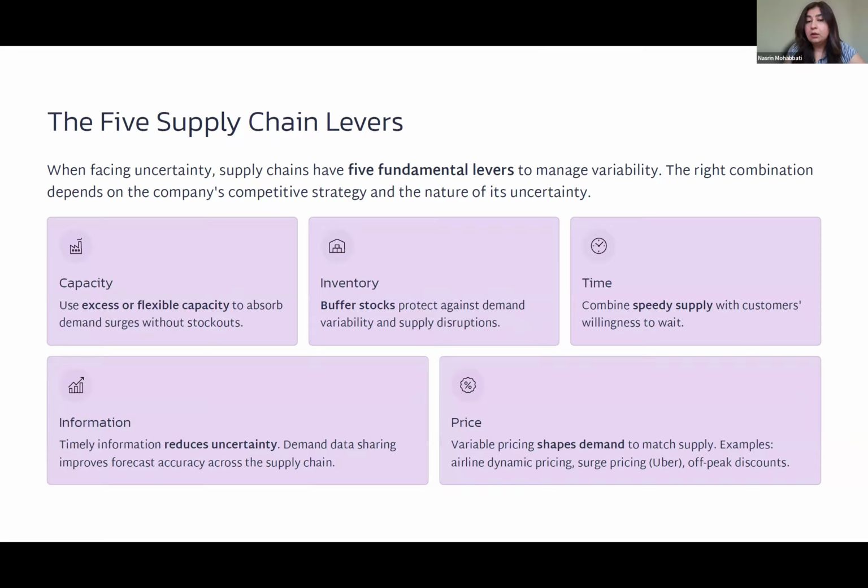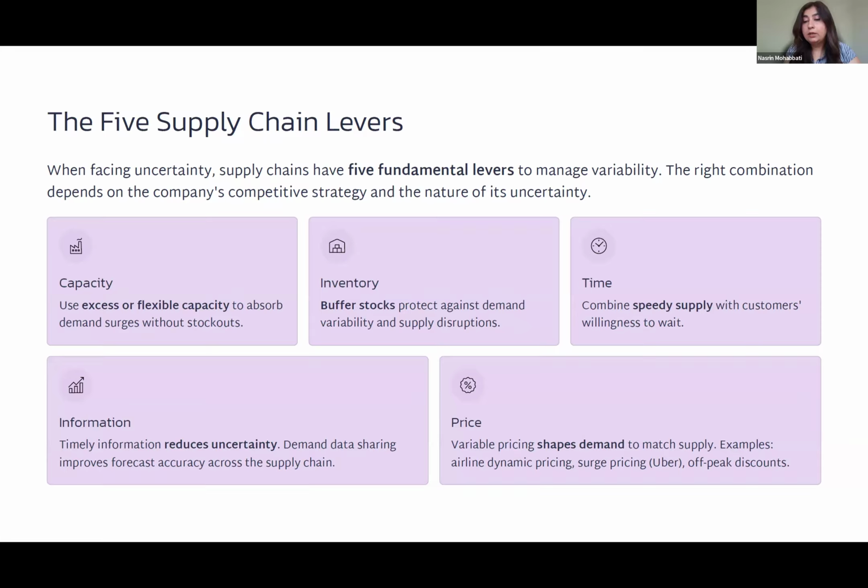And the price. So, changing the price for different kinds of products or different times when offering the service and product can help manage uncertainty. For example, Uber, Lyft, they do have surge pricing. And the reason is that the demand is sometimes really high, the availability is low. So by changing the price, they try to manage this uncertainty, but still offer availability and responsiveness.